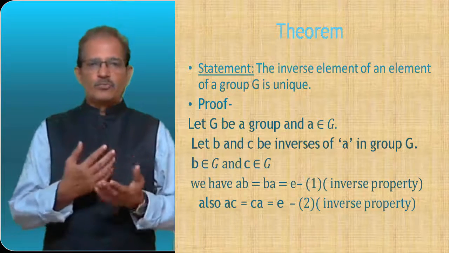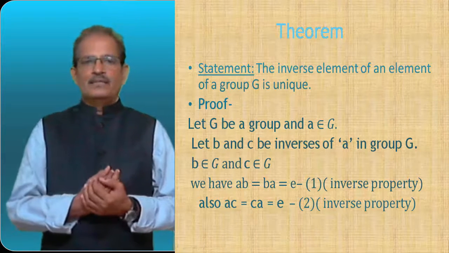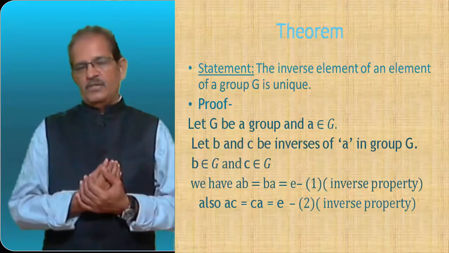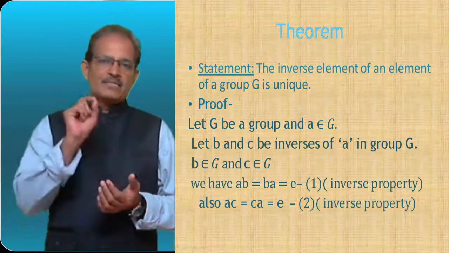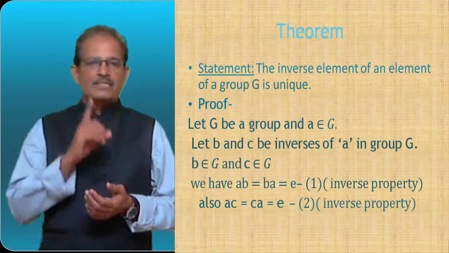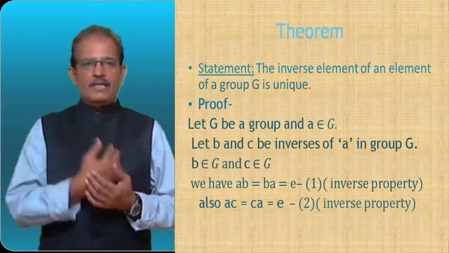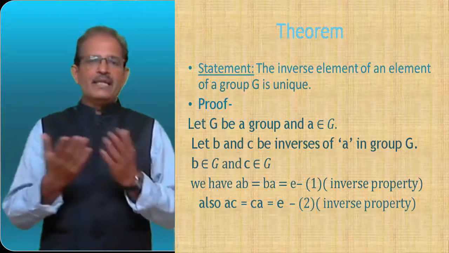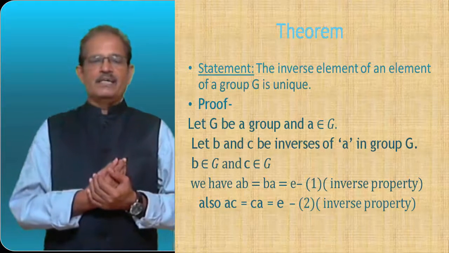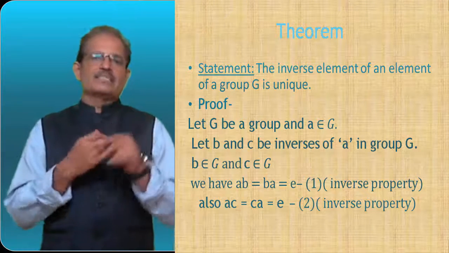Another theorem I would like to prove. The inverse element of a group is unique. So for a fixed element of the group, inverse exists, but inverse is only one, unique. So let G be a group and A is an element of G. Likewise in the previous case, let there be two inverses.